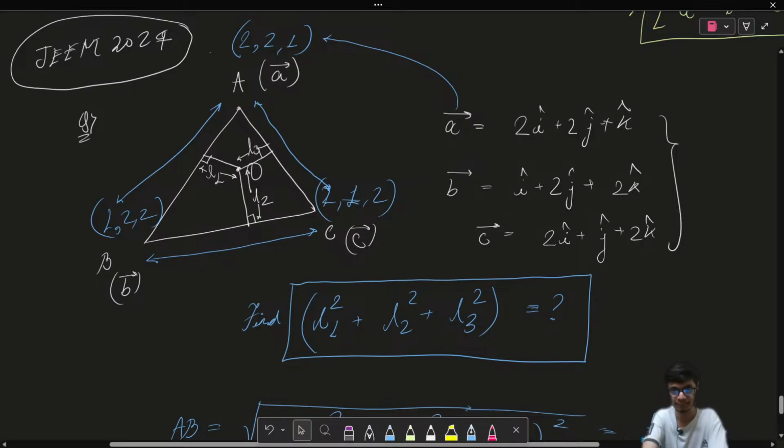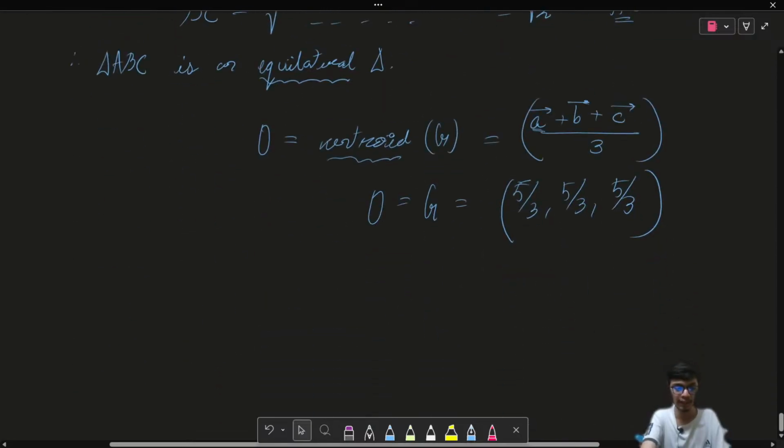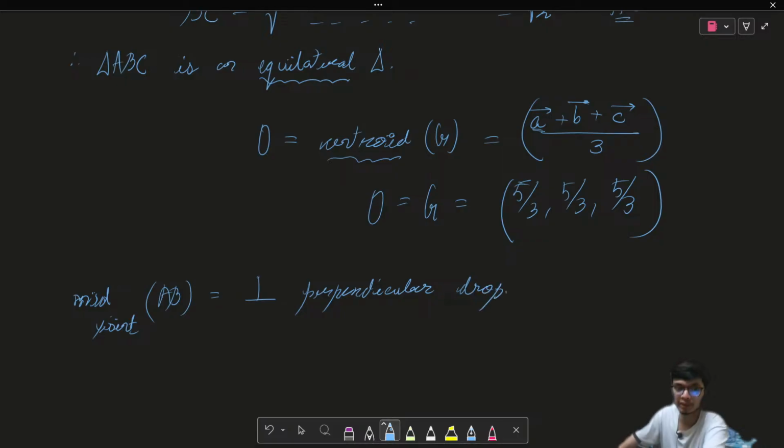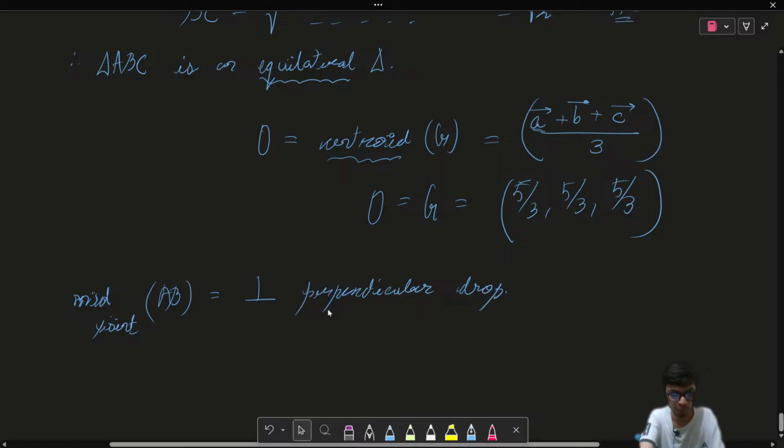So the point where the perpendicular drops will be the midpoint of the side.